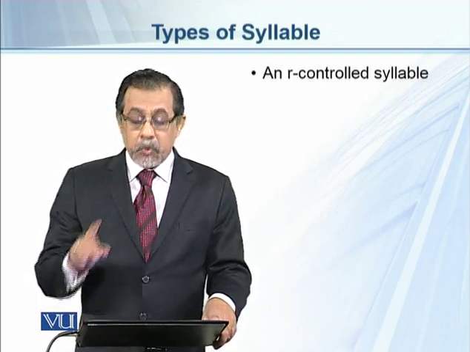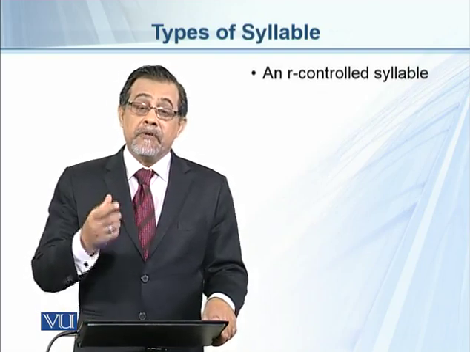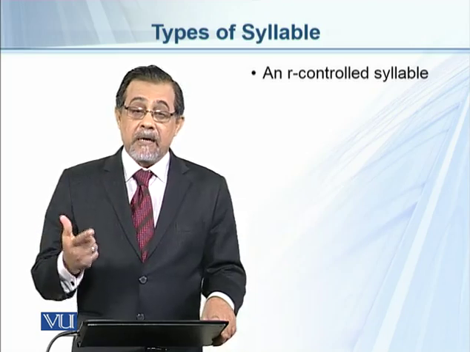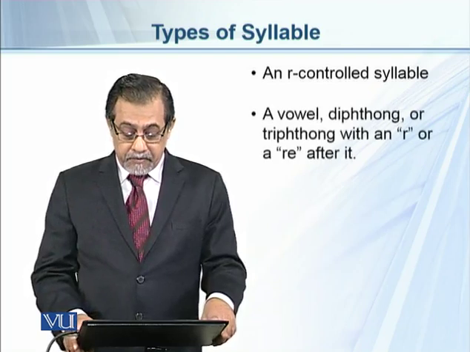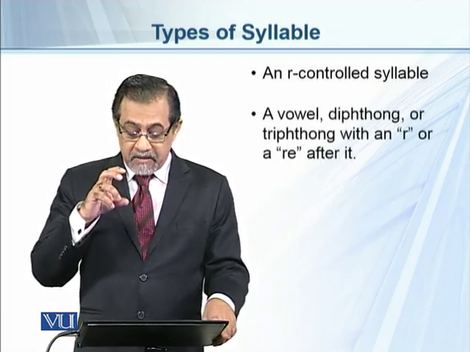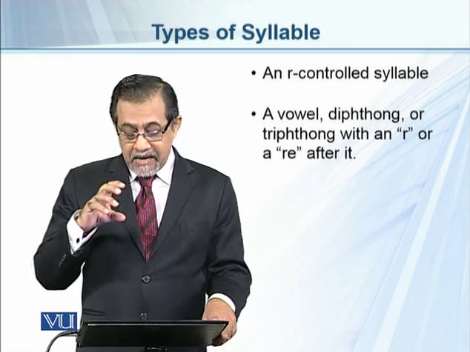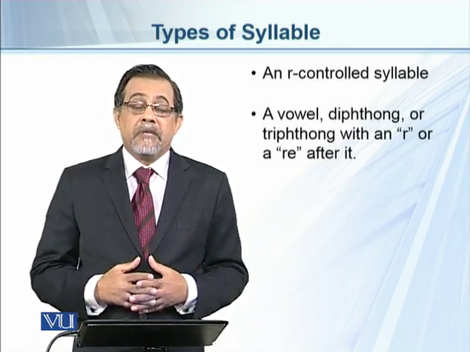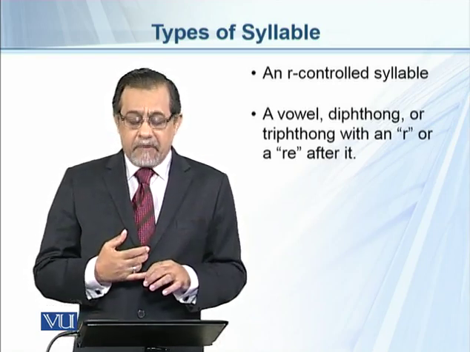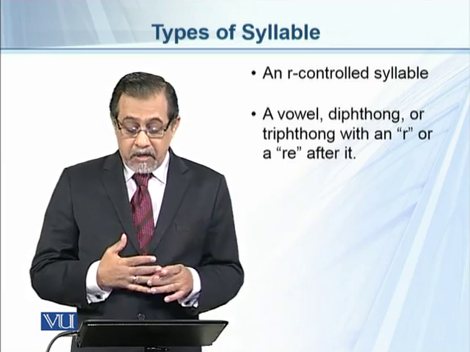In R-controlled syllables, we find that in a lot of words we have a vowel plus R, right? So it is another type of syllable. For example, a vowel, diphthong or triphthong with an R or an R-E after it. We can find a syllable in which we may have a single vowel or diphthongs or triphthongs.